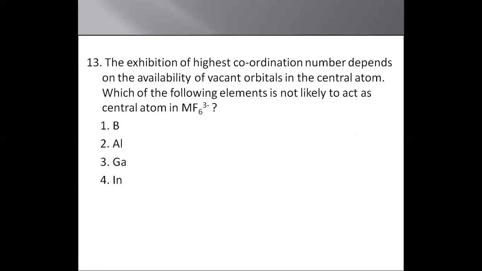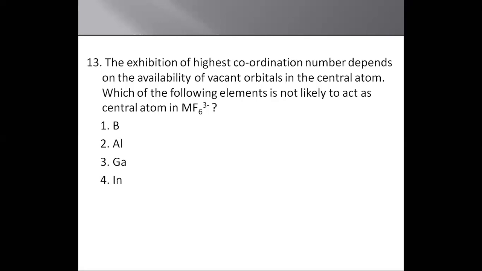Now, the next question. The exhibition of highest coordination number depends on the availability of vacant orbitals in the central atom. Which of the following elements is not likely to act as central atom in MF6 minus? That means it is an octahedral complex. For the octahedral complex, we need d orbitals.